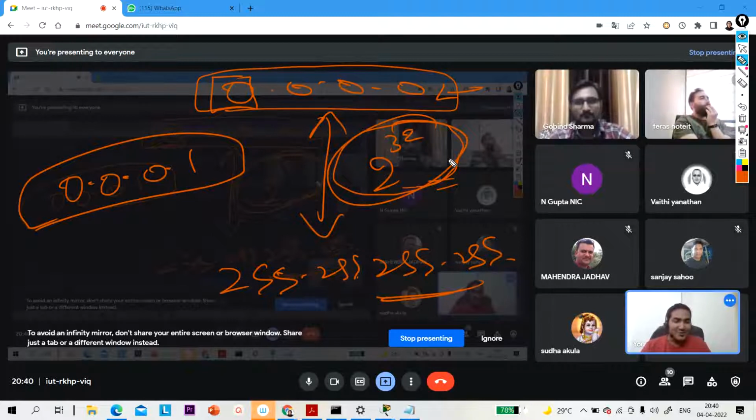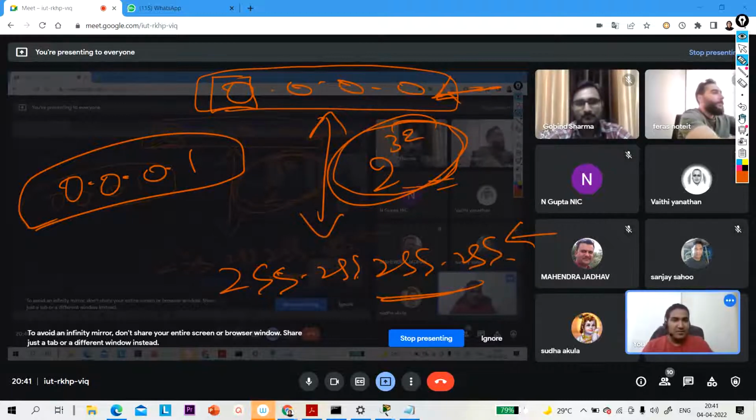So IPv4 is not enough. That's the reason why we came up with subnetting, private and public, and after that IPv6. So this is the smallest IP address and this one is the largest IP address.